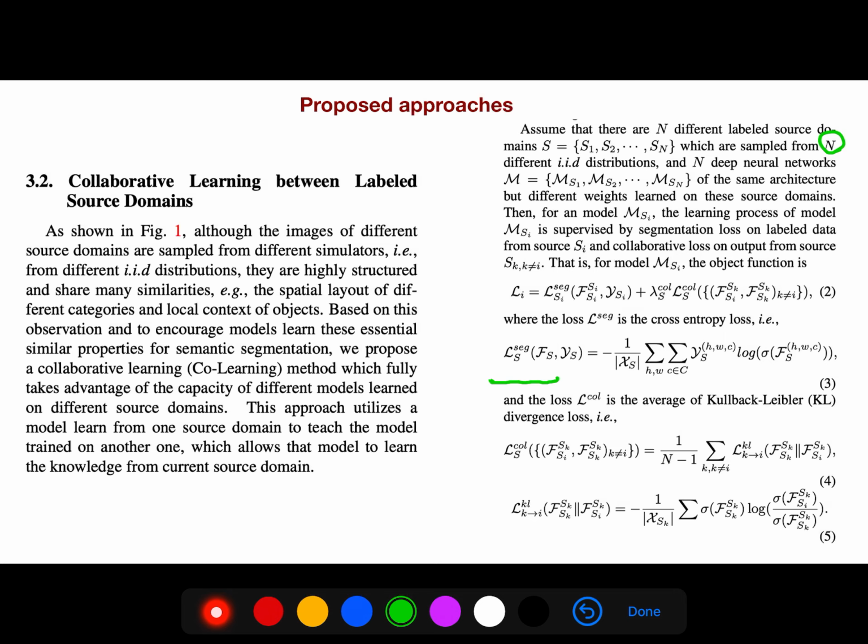And we also use this Kullback-Leibler divergence. For example, what is the Kullback-Leibler divergence between F sub Sk and F sub Si?